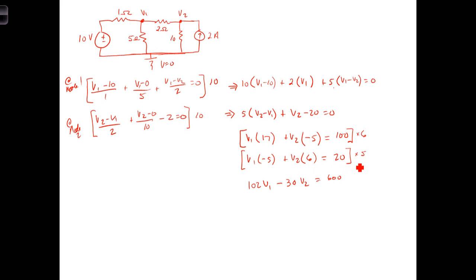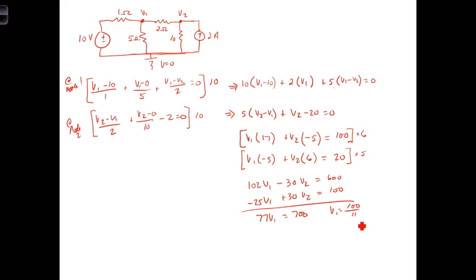When I multiply this equation by 5, I get minus 25 V1 plus 30 V2 equals 100. Now, when we add those two equations together, the V2 terms cancel, and we're left with 77 V1 equals 700, or V1 equals 700 divided by 77, which is 100 over 11.